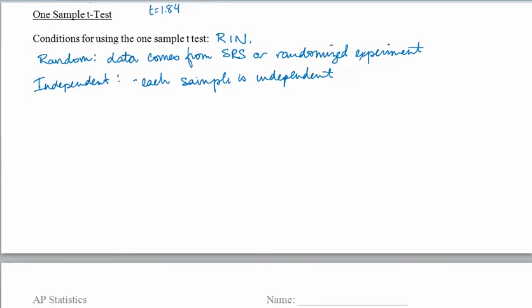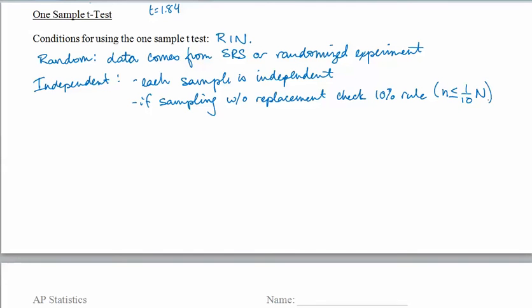And if sampling without replacement, we need to check the 10% rule. Remember, that is that sample size is less than or equal to 1/10 of the population size.